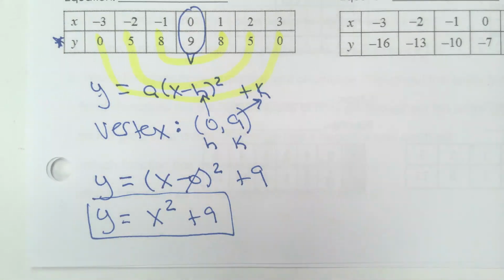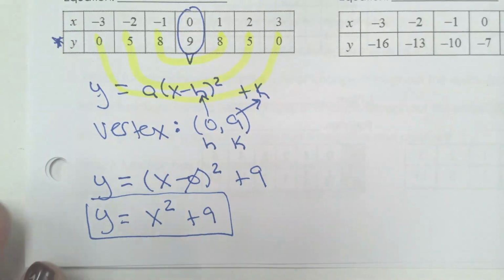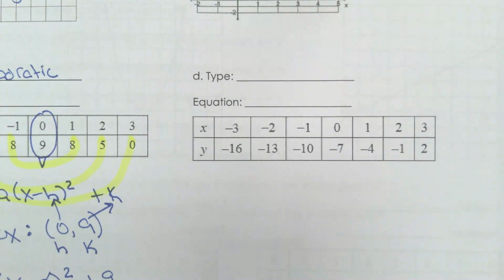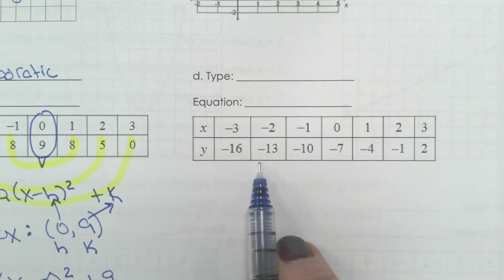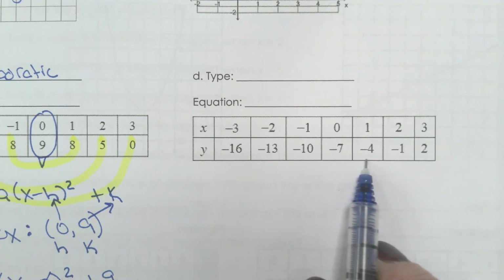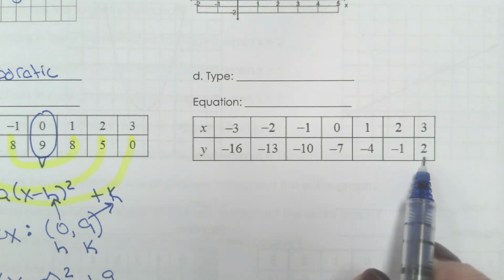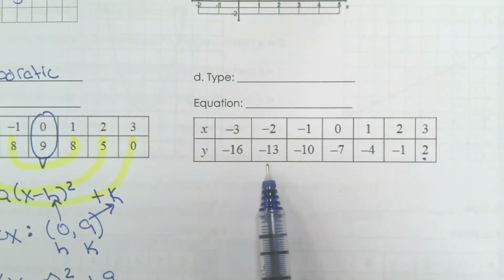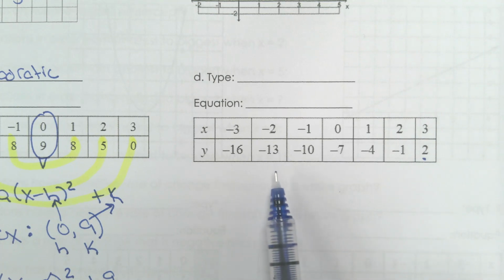All right, one more and we're going to finish out this video. On D, you're going to look at the y's and figure out what does it take to get from one value to the next. Are you adding, subtracting, or multiplying to get to the next number? You're adding 3.